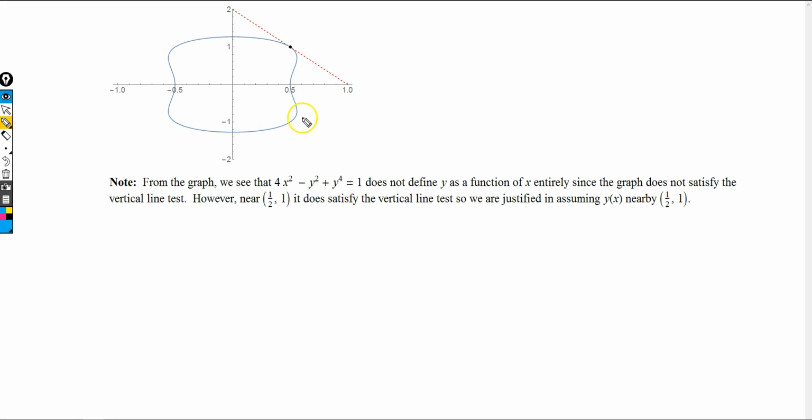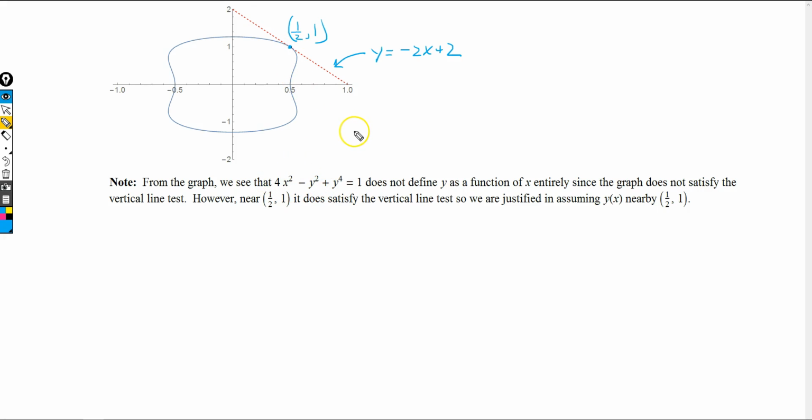Now, our tangent line then, that point right there, that's the point (1/2, 1). And the dotted red line there was the equation of the tangent line that we found, -2x plus 2. And you notice it does indeed look tangent to the graph of this equation at that point.